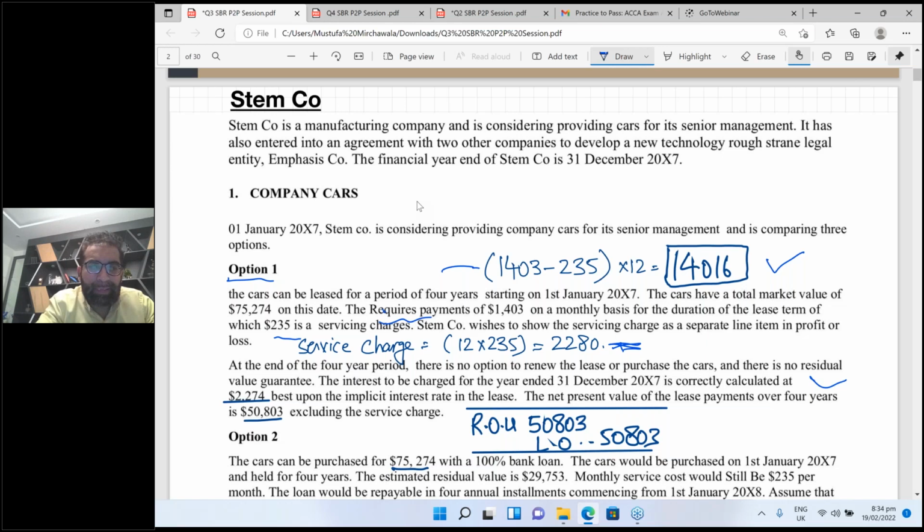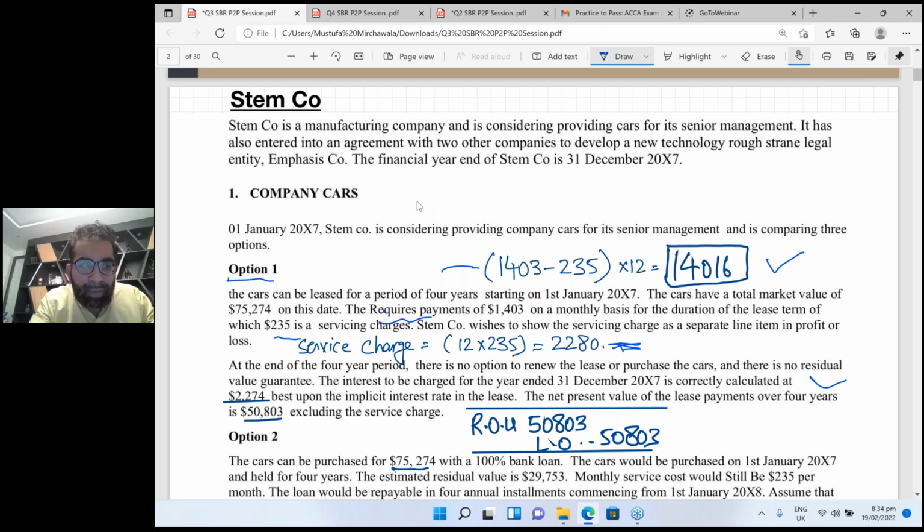Leave it. Now, the interest to be charged for the year ended 31st December X7 is correctly, see the word correctly, calculated at 2274. Interest element is also given. So I will teach you through entries. Don't worry, I'll remove the screen and I have the basic entries as well.